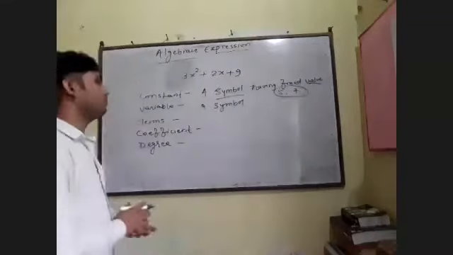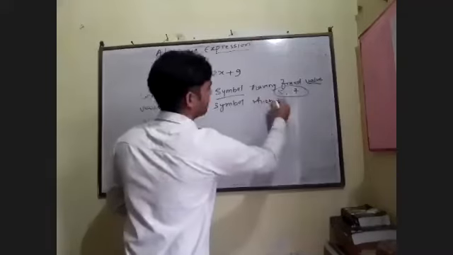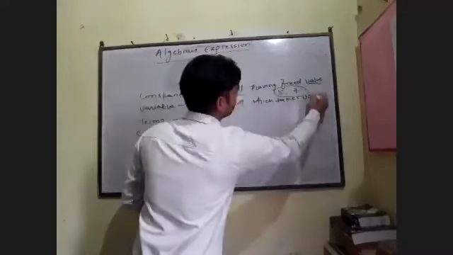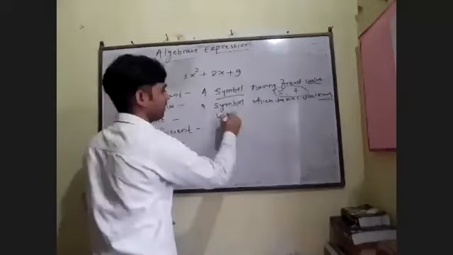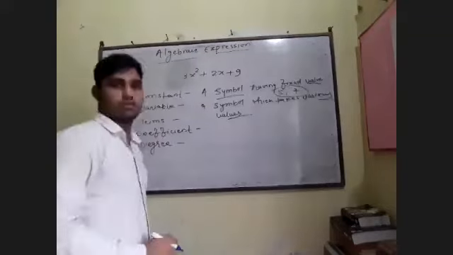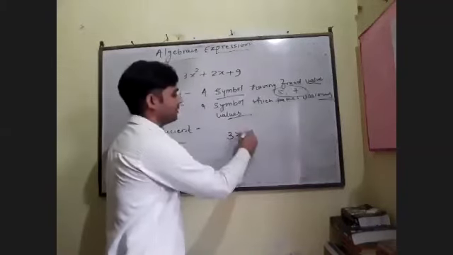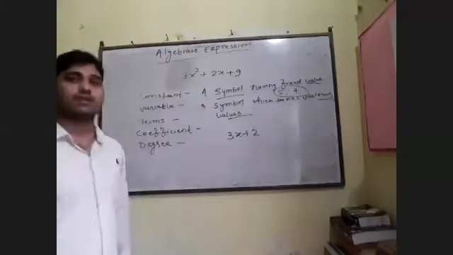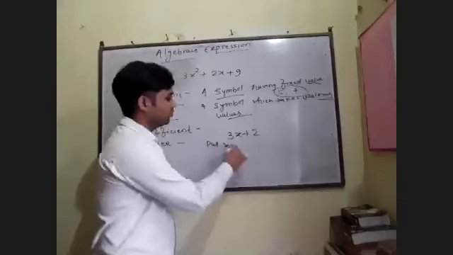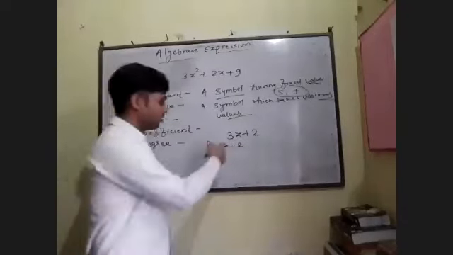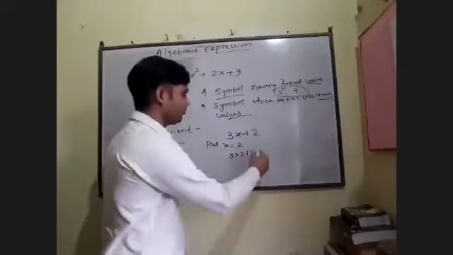Now variable: a symbol which takes various values. Understood? Various values means, if I write an algebraic expression 3x plus 2, and we put x equal to 2, what will we get? 3 multiplied by 2 plus 2, that is 6 and 2, it becomes 8.